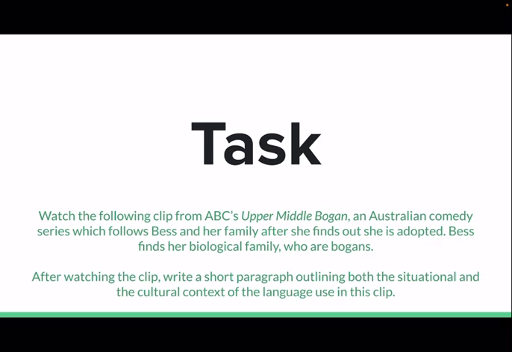So after watching the clip, you need to write a short paragraph outlining both the situational and the cultural context of the language use in the clip. And if you want an extension, you could also write another short paragraph about the register, the style that's being used in the clip with some examples as well. So you'll find this video on the Google Classroom. So go and watch that and complete this task, please.